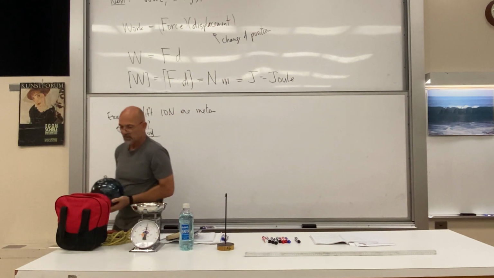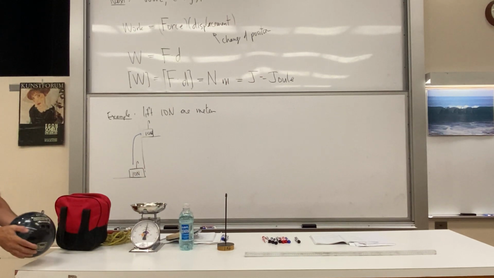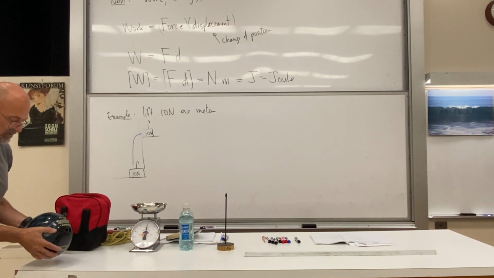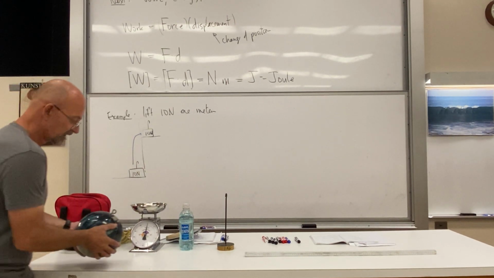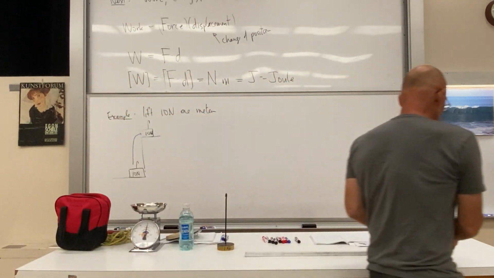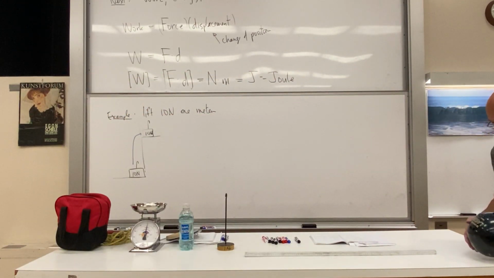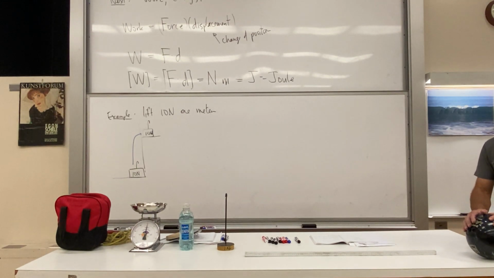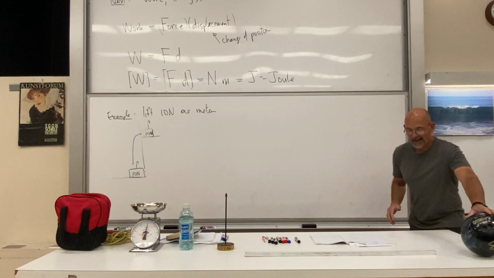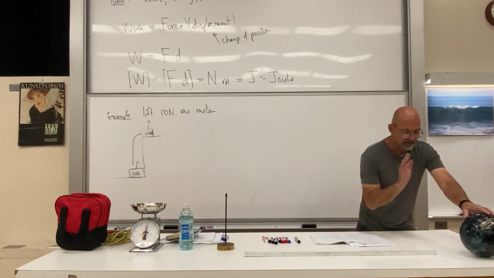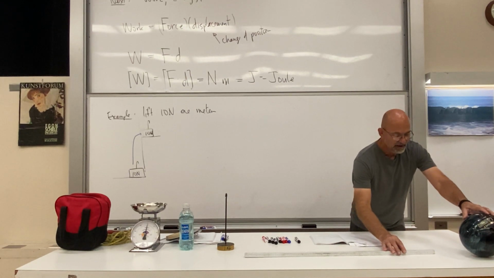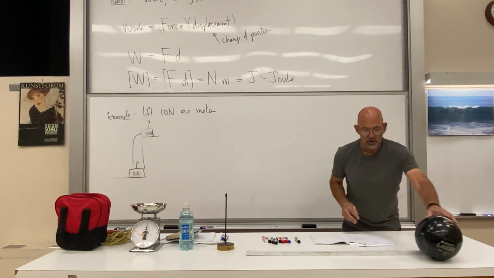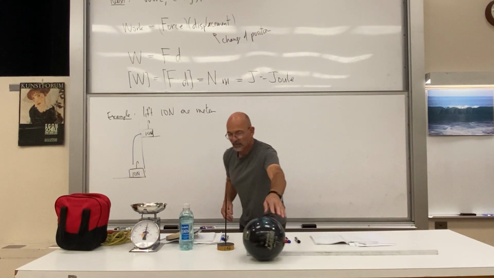And what I'm going to do is lift it from here, just over the table, and bring it across and put it down again. So I carried it the length of the table. Did I do 2.2 times 70 newtons of work? The answer is no. This was a trick question, because I could have just rolled it across here without any effort whatsoever.